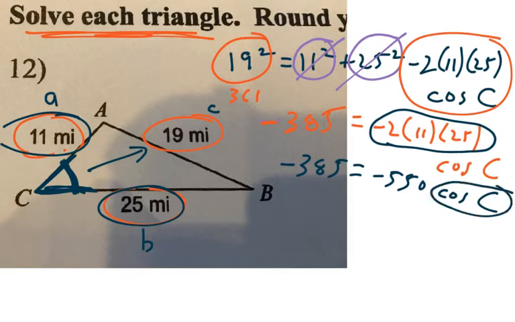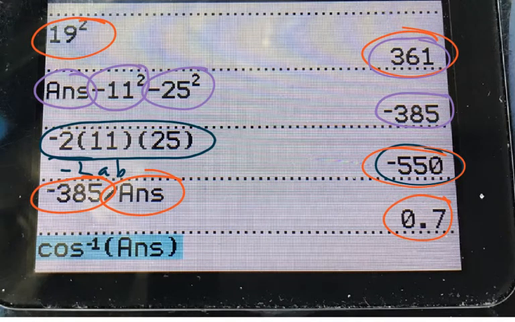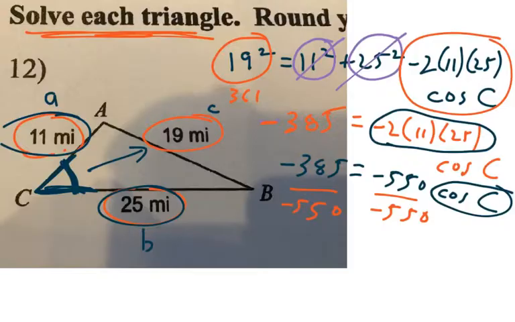To find cosine of C, do you agree? I'm going to now divide by negative 550. And that's what I did. Negative 385 divided by my answer, which was negative 550, is positive 0.7.